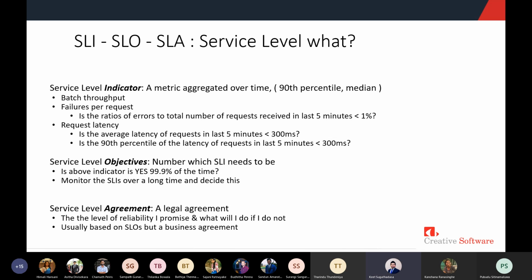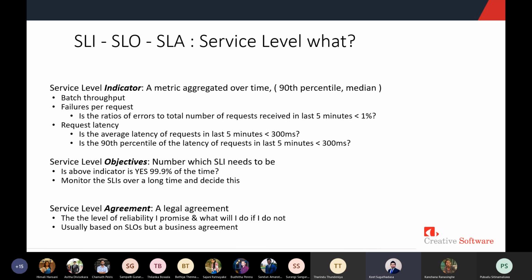We then sign an agreement saying, if we fail to provide this kind of availability to you, we will be giving you a discount. So everyone who pays a licensing fee, I'm not talking about the open source software, if you are paying a licensing fee to a service and you're using it, they are liable to make sure that the system is available based on the definitions. If it is not available, they will have to give back a discount on the licensing fee. That's how service level agreements work.